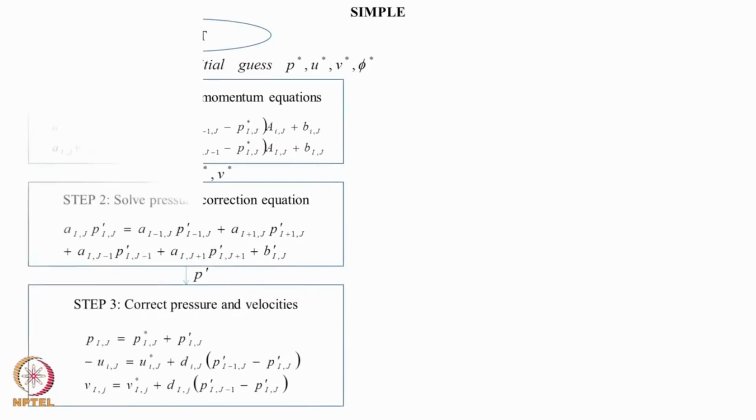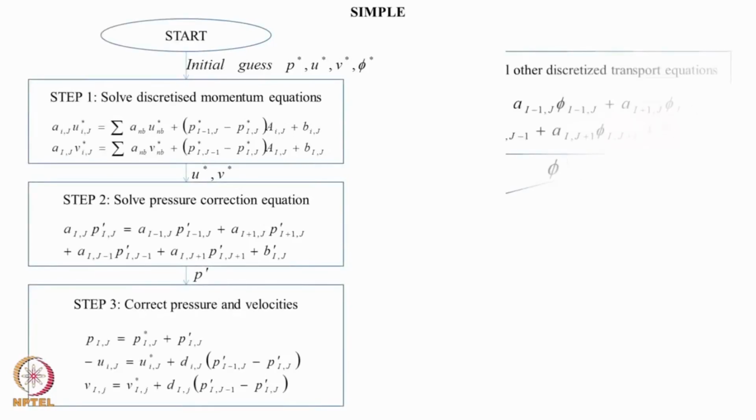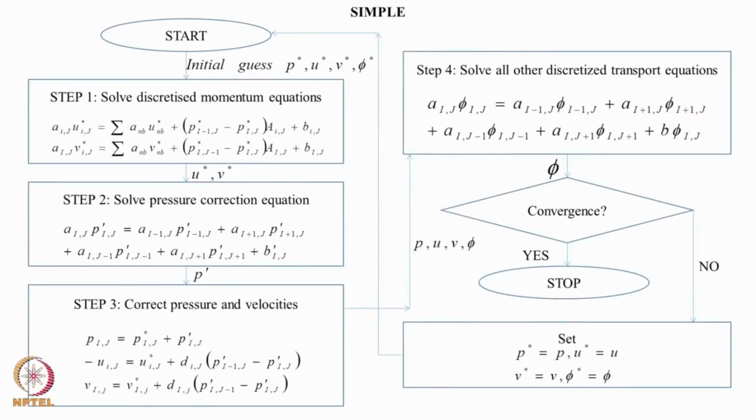The SIMPLE algorithm is shown in the flow chart here. We start with the guess values, solve the discretized momentum equation to get u star, v star, and this is used in the continuity equation to obtain the pressure correction equation. Once you solve this equation, you get p prime, and that is used to correct pressure as well as velocity as shown here.